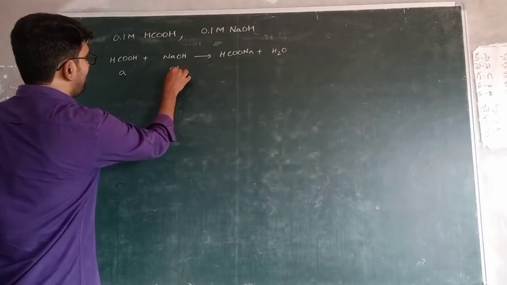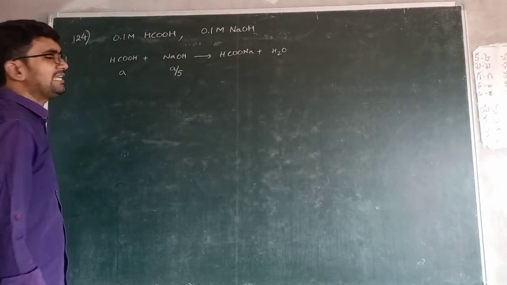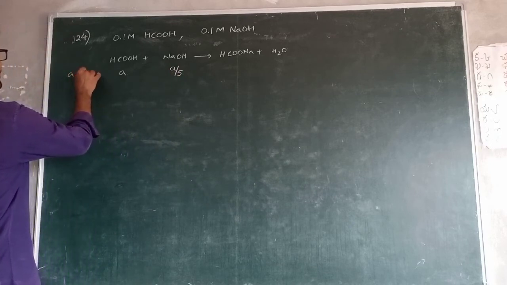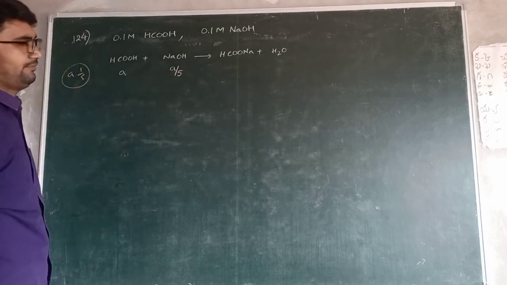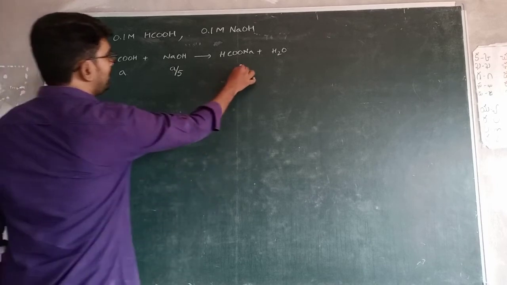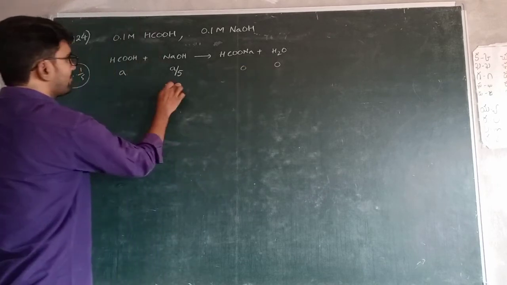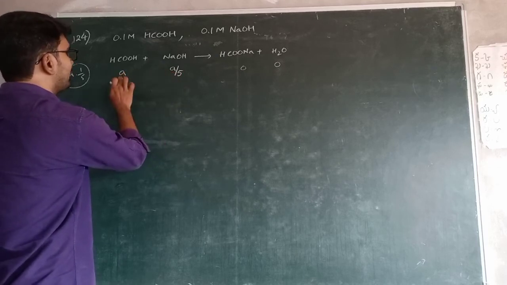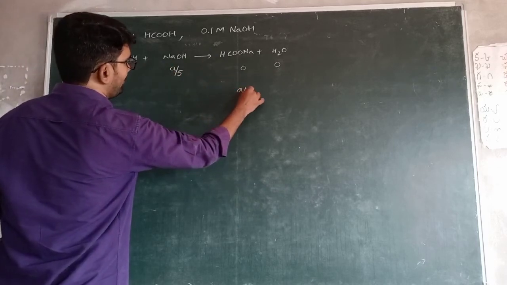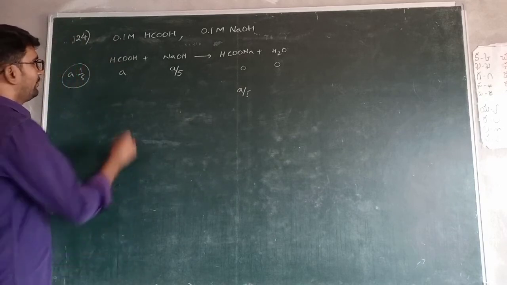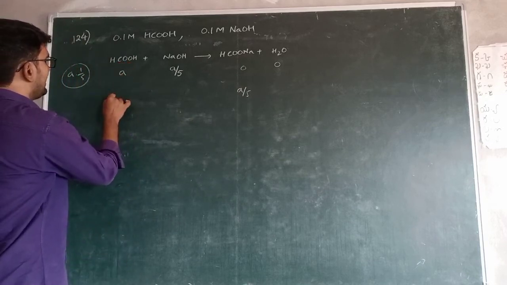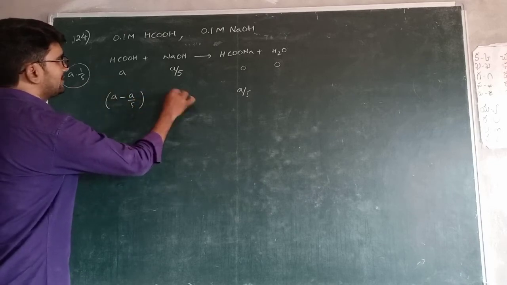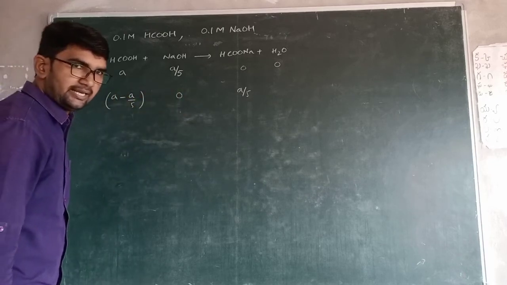Means A by 5, or simply A into 1/5, both are the same. Initially the base and salt are zeros. If these two are involved in the reaction, only A by 5 part forms salt. Then how much is left here? A minus A by 5 part of acid is left. Base is 0. Do you understand?